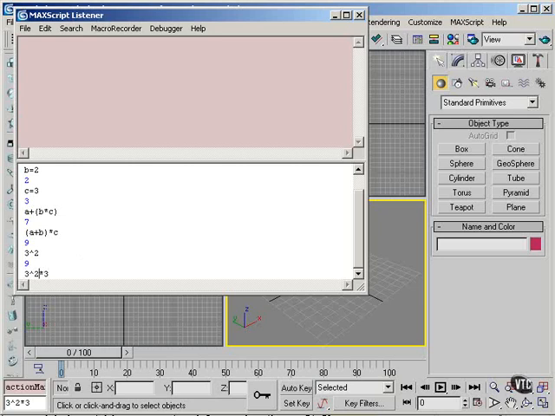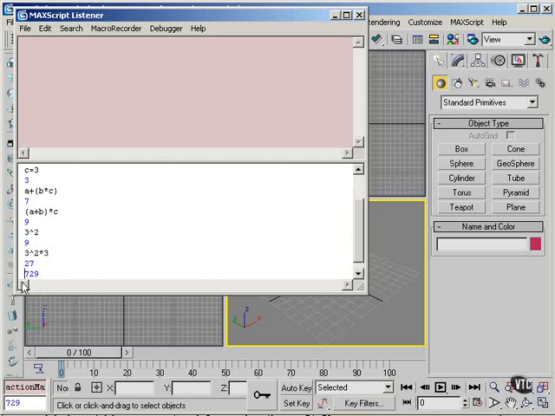Will this mean 3 to the second power, that is 9 times 3 equals 27? Or will it mean 3 to the 2 times 3 power, that is, to the 6th power, which would equal 729. So let's take the parentheses off here and see what Max comes back with.